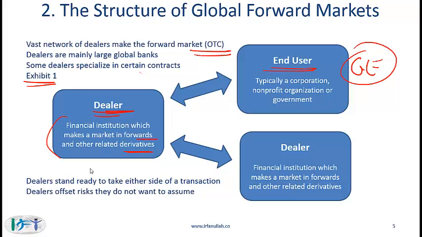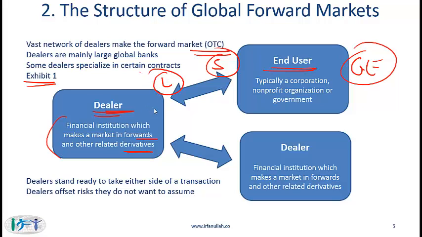Now, if the dealer, which stands ready to take either side of a contract, wants to hedge that particular risk, it might contact another dealer, and with this other dealer it might take the opposite position. So for example, let's say in my euro example that General Electric is taking a short position on the euro, which means that the dealer would take a long position.